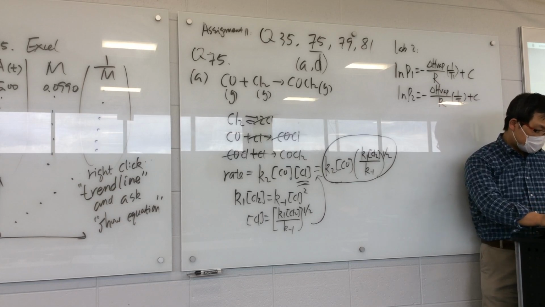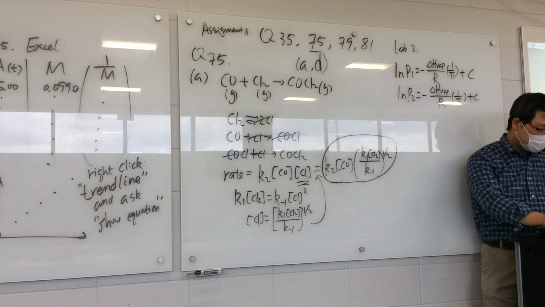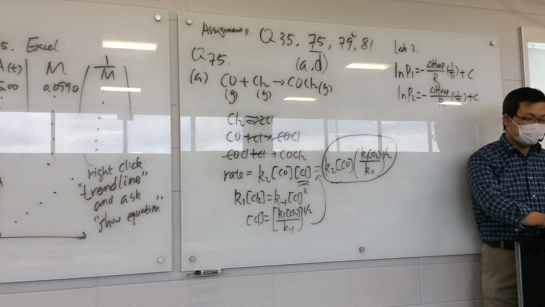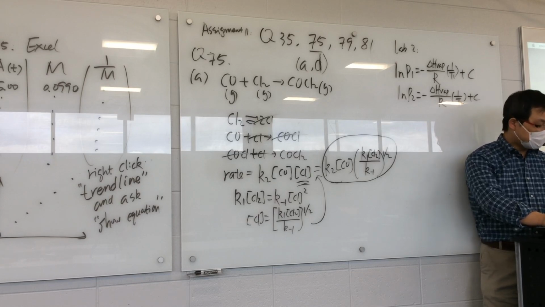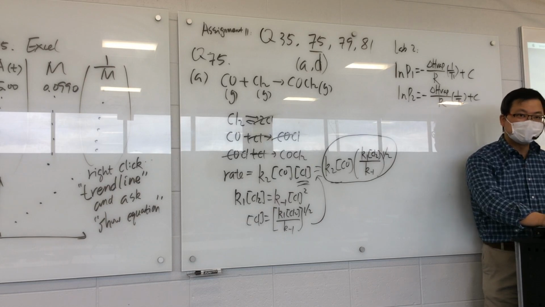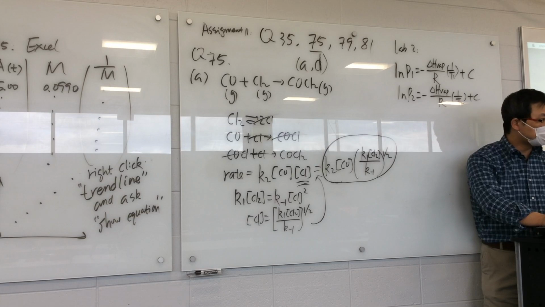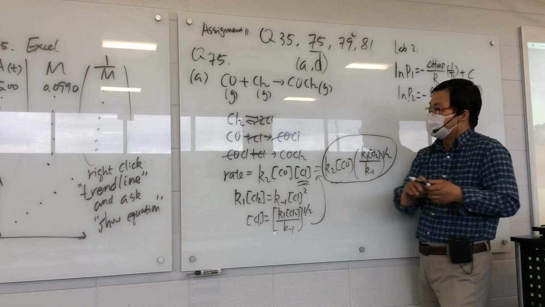For question 79, you see which one has smaller activation energy compared to the other. In 79A, which one has smaller activation energy, A or B? They both have this kind of shape, right?